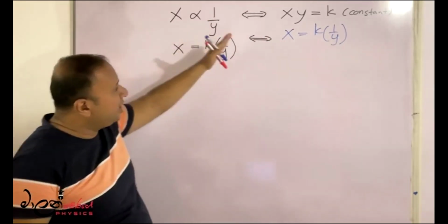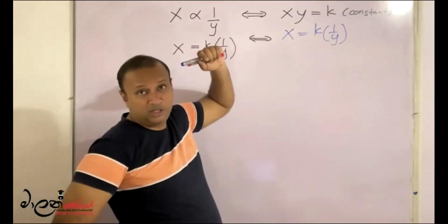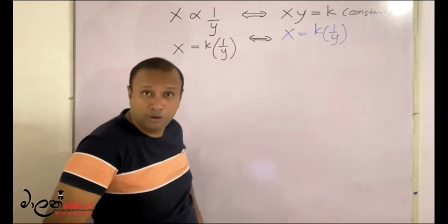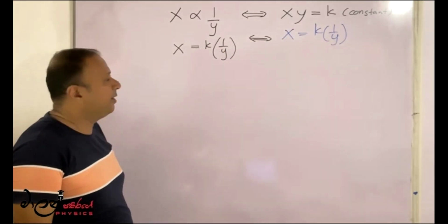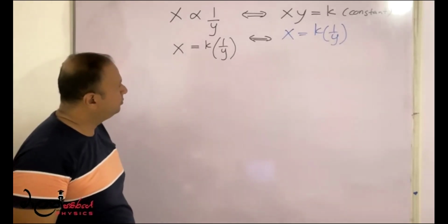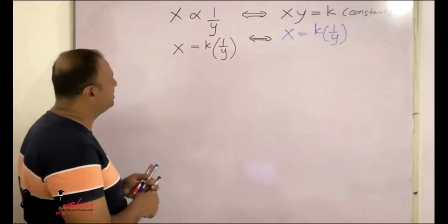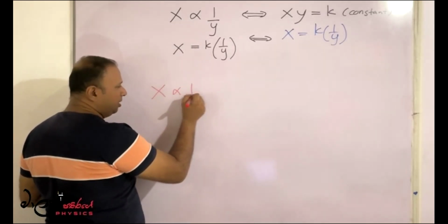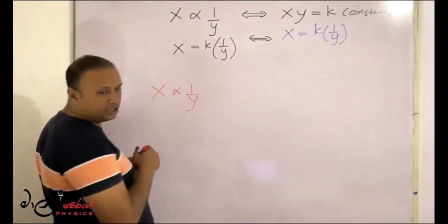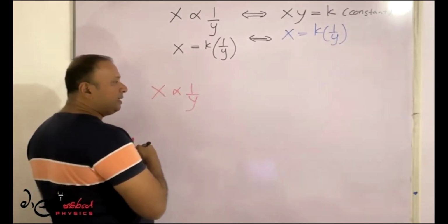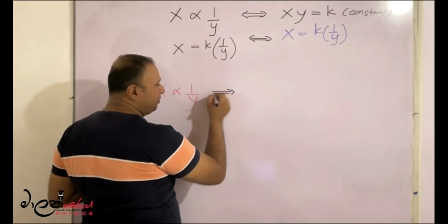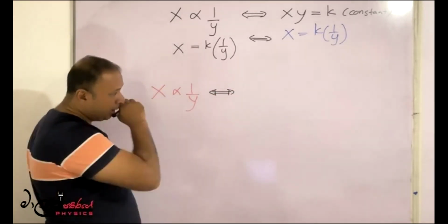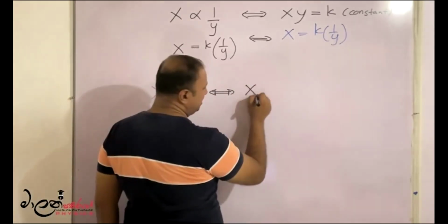How did I derive it? Using the definition of that relationship: x into y is equal to k. So if you are given this kind of relationship, it can be converted into an equation like this.